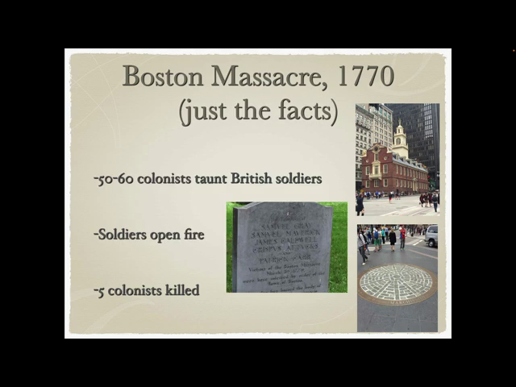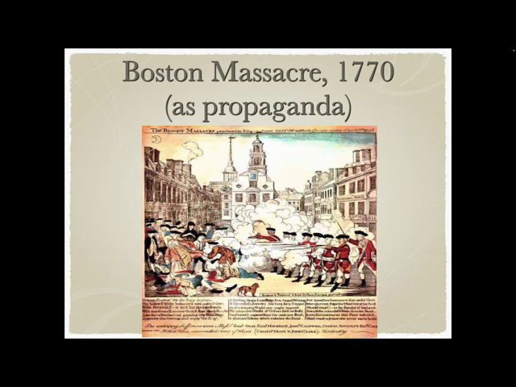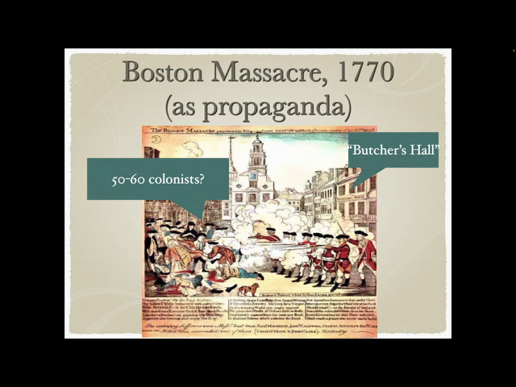That's the facts, okay? But the actual piece of propaganda to get more and more colonists to feel anti-British and to feel that it was a massacre was going to be portrayed in the artistic expression. So Butcher's Hall, that was not the name of the building, okay? 50, 60 colonists, that's not what that picture portrays.